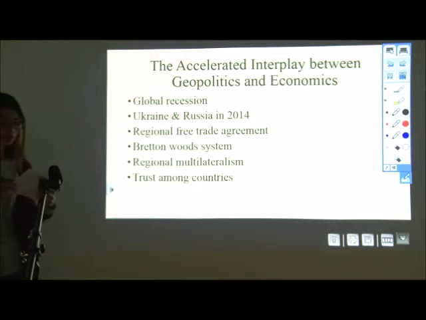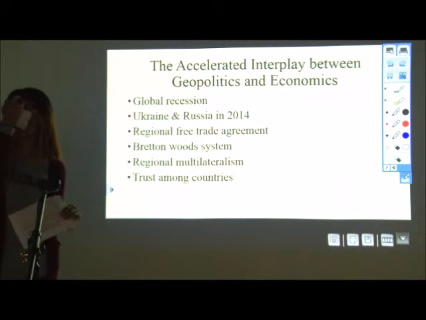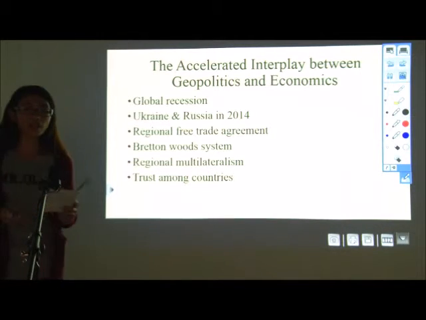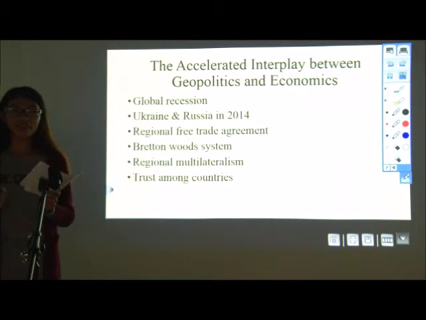Okay, so due to the global financial crisis in 2008, the whole world went into global recession during 2008 to 2012. This led to the rise of unemployment and other difficult financial problems.